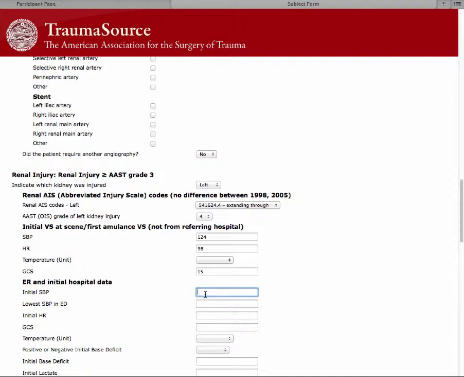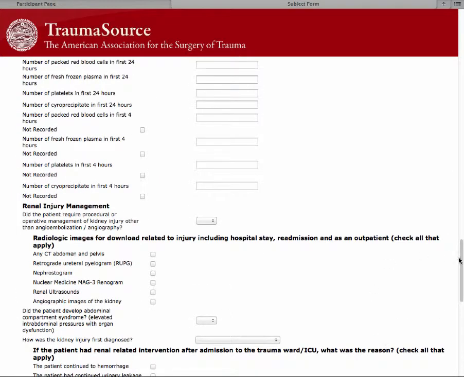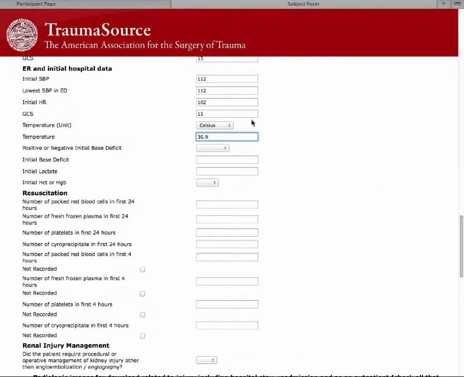The initial systolic blood pressure in the emergency department was 112, and the lowest recorded systolic was 112. Was not much different. The initial heart rate was 102. Glasgow Coma score was 15, and the patient's temperature was 36.9 in Celsius, but obviously that can be in Fahrenheit as well.